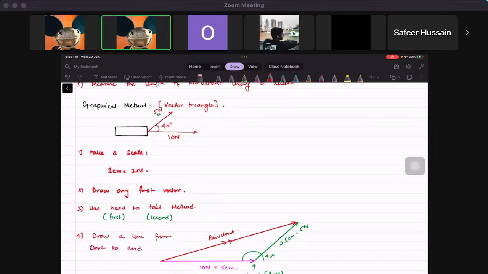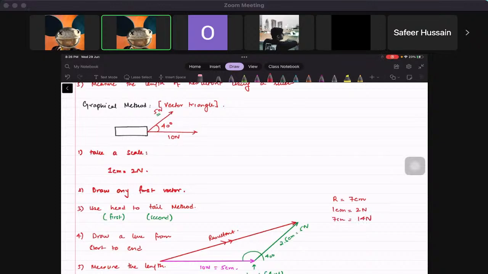Then you measure the length, and that's it. I'm just assuming the values, okay? Let's suppose the length of the resultant comes out to be 7 centimeters again. You say, okay, 1 centimeter is 2 newtons, then 7 centimeters will be 14 newtons.